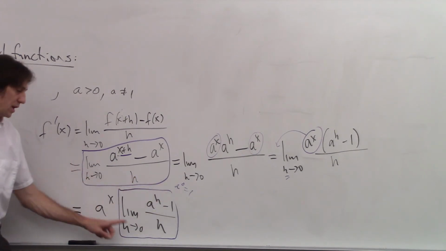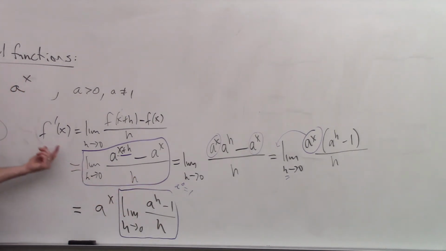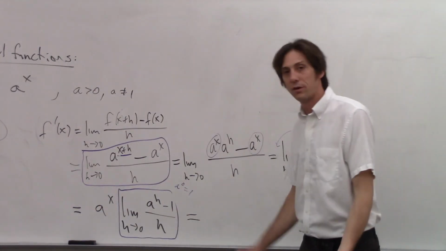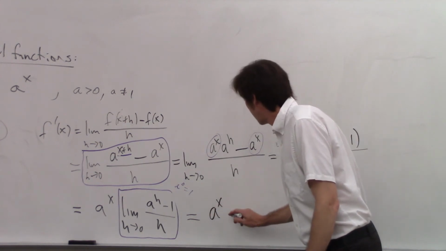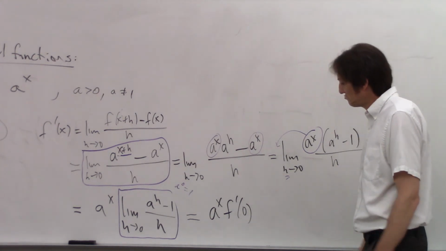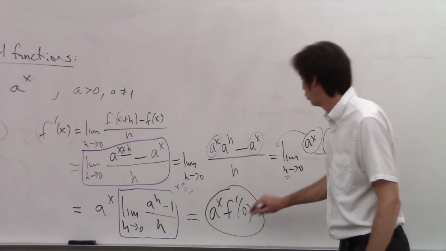So this last limit that I'm ending up with is a derivative. It's not f prime of x, it's f prime of 0. So we can simplify further. This is a to the x, and then times f prime of 0. Okay, that's our answer at this point.